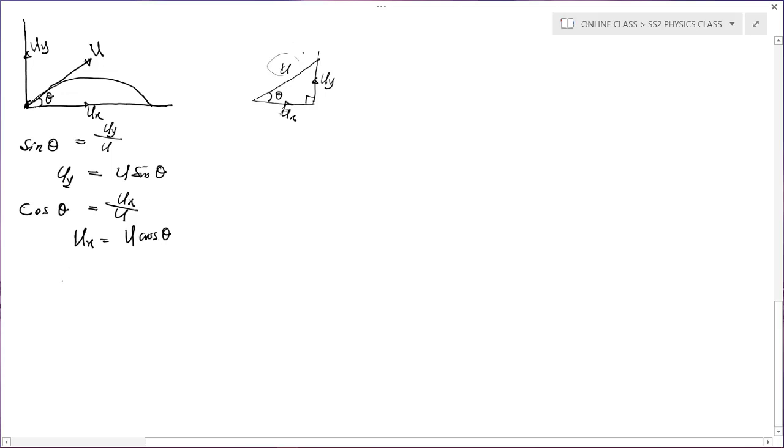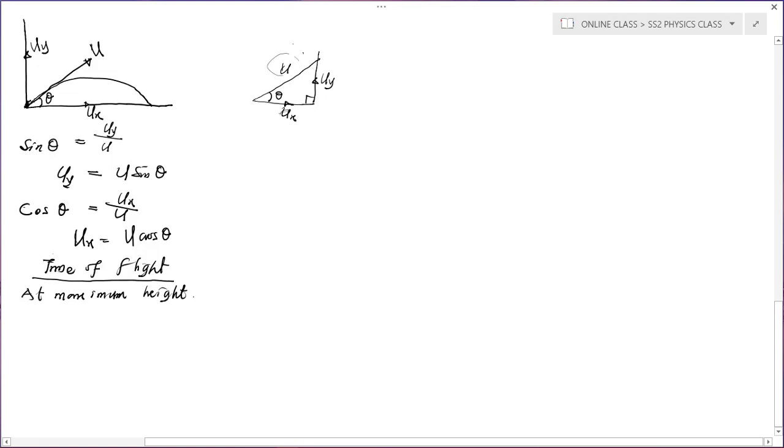So that one being said, let's now consider how we can calculate time of flight. Everything here will be calculated at maximum height.